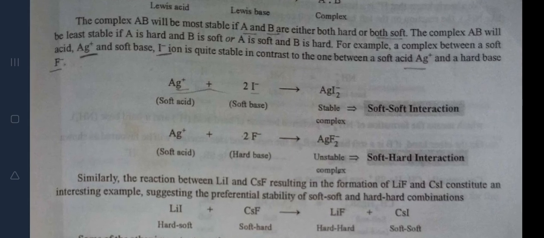The complex AB will be least stable if A is hard and B is soft, or A is soft and B is hard. For example, a complex between soft acid Ag positive and soft base I negative ion is quite stable, in contrast to the one between soft acid Ag positive and hard base F negative.